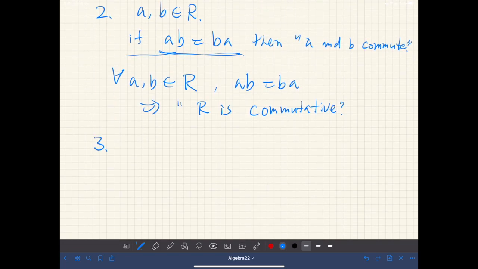And third, let 0 be the zero element of R, and let a, b be elements of R such that ab is equal to 0.